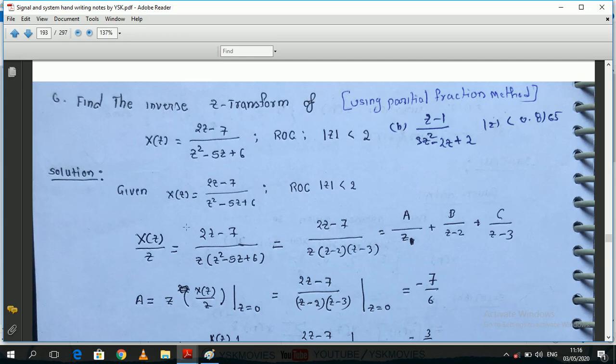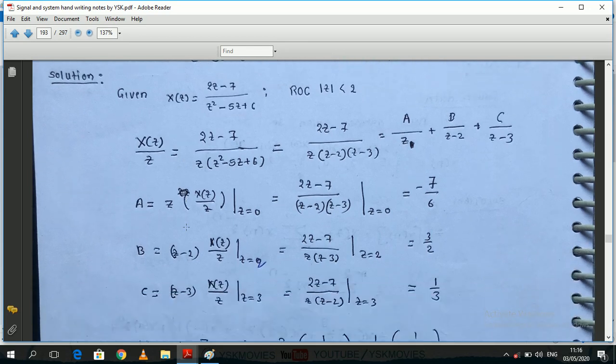To solve by the partial fraction method, divide both sides by z. So x of z by z is equal to 2z minus 7 by z into z square minus 5z plus 6, which is 2z minus 7 by z into z minus 2 into z minus 3. Expand in partial fractions, A by z, where A is z into x of z by z at z equals 0.